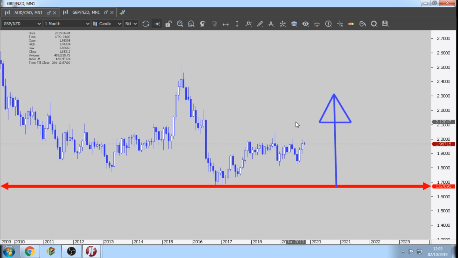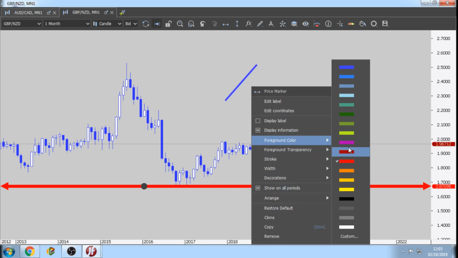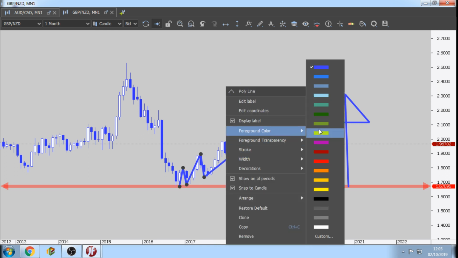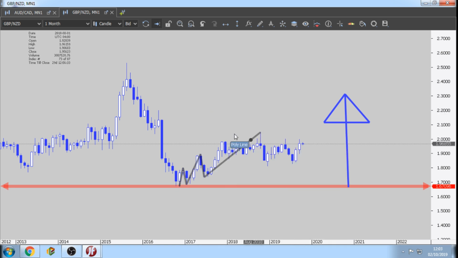Now, trade what you see. Well, what can we see? We can see extension, retracement, extension. So this is the first one. And let's color code this in black and stroke like this, okay?